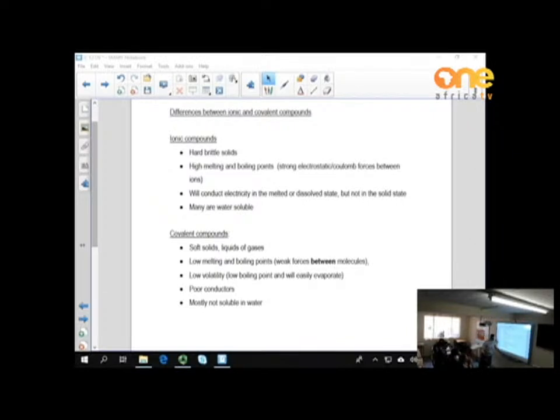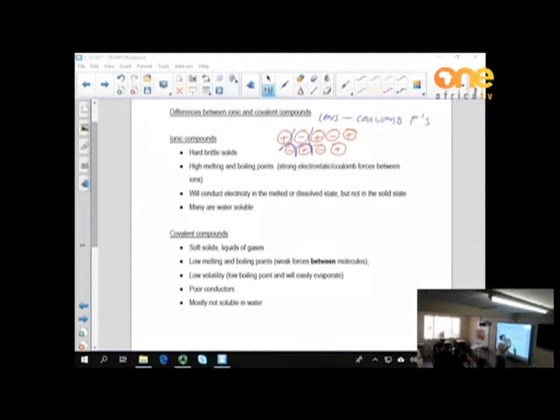What makes it sometimes difficult to understand: if we have an ionic compound, we have a crystal lattice that consists of positive and negative particles, and you can all understand that opposite charges attract. So in an ionic compound, what are the particles? Ions. What forces do we have between ions? Coulomb forces. The Coulomb forces are fairly strong.